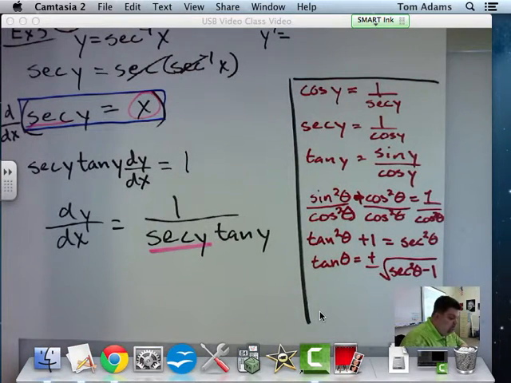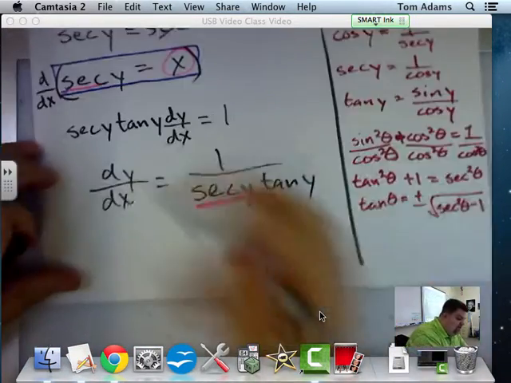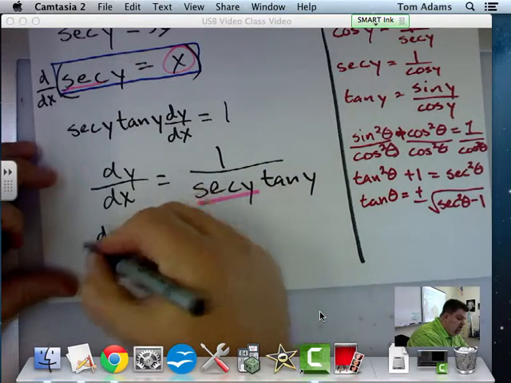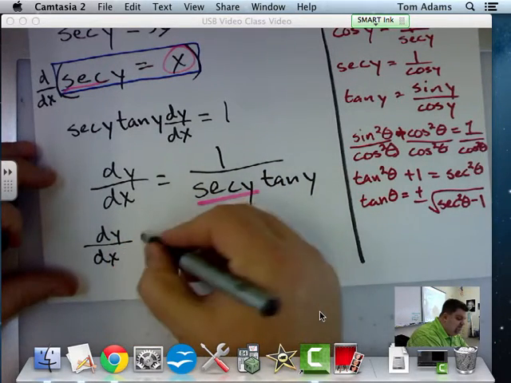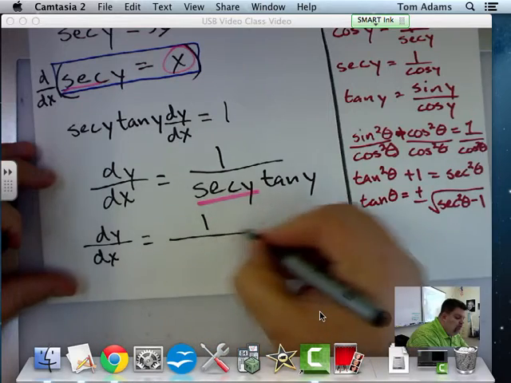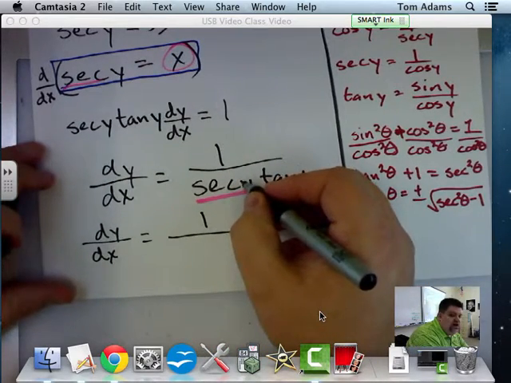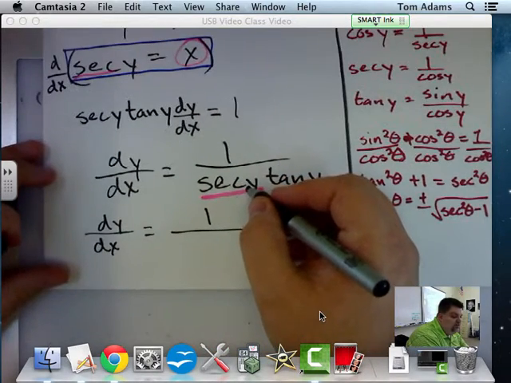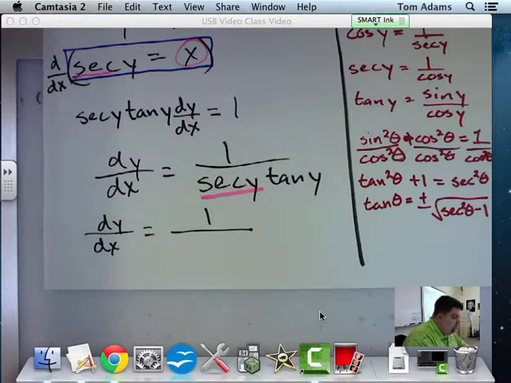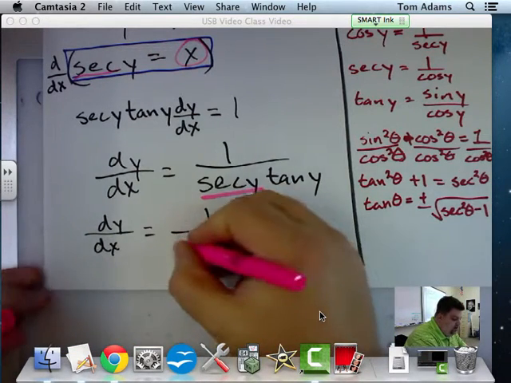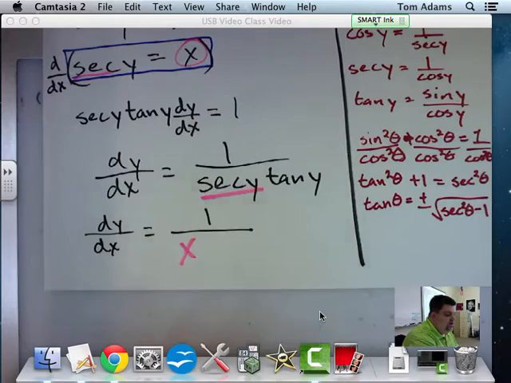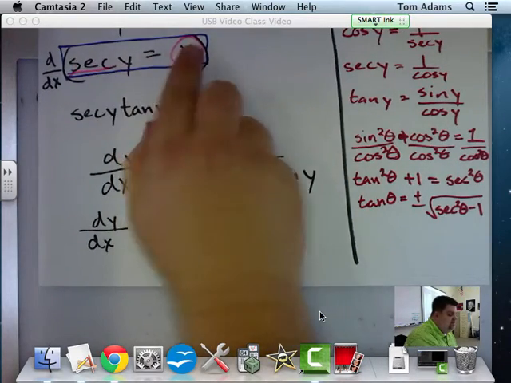So let's rewrite that. What I've discovered is that dy/dx is 1 over secant of y tangent of y. Secant of y can be replaced with what? x, right? Because they mean the same thing.